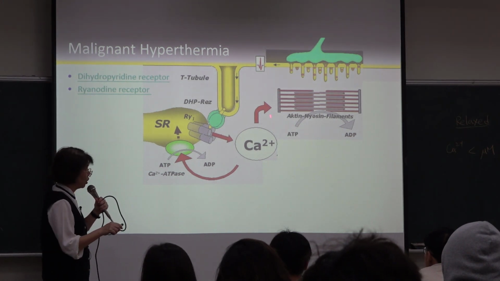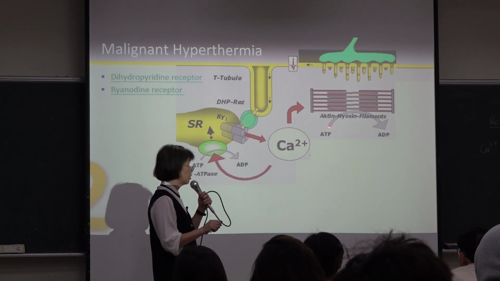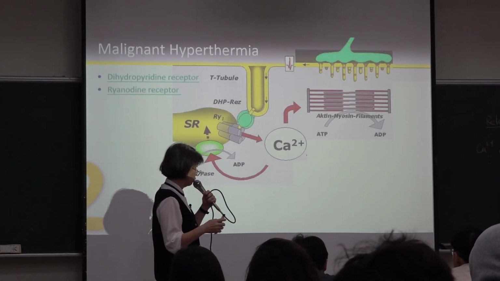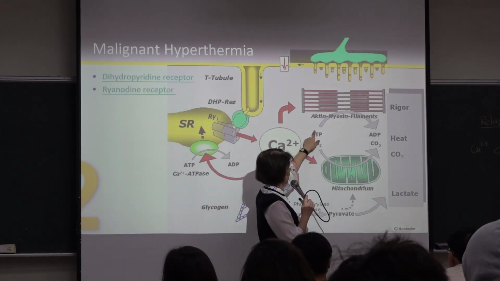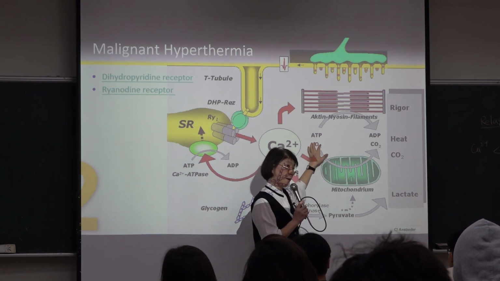And muscle contraction requires energy. They use the energy from ATP to do the contraction. So what happens is the ATP in the cell is used up.